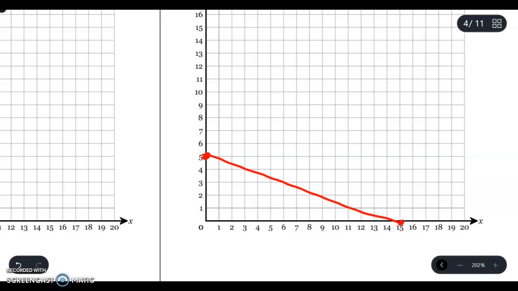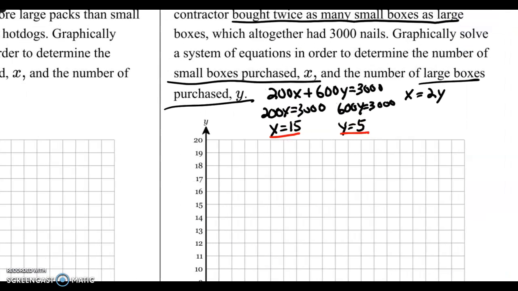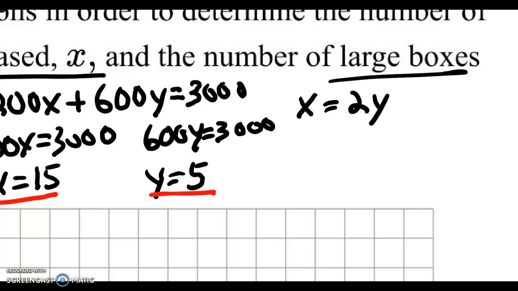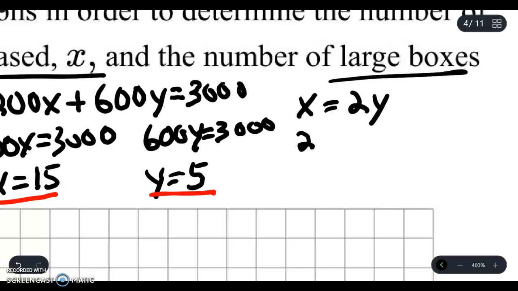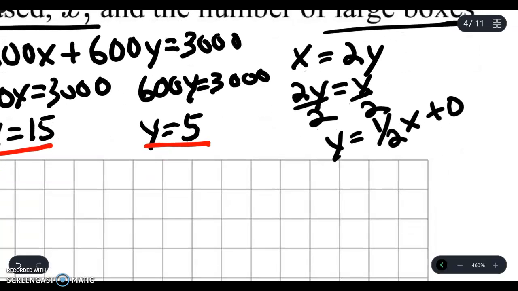It's not perfect. Alright, now on this other one, I've got x is equal to 2y. Now what I want to do is solve this for y. A lot of times you might have the y already out here, but we don't. So I'm going to swap it around. Say 2y is equal to x, divide by 2, and y is equal to 1/2 x. I'm going to put a plus 0 so my y-intercept is out there.